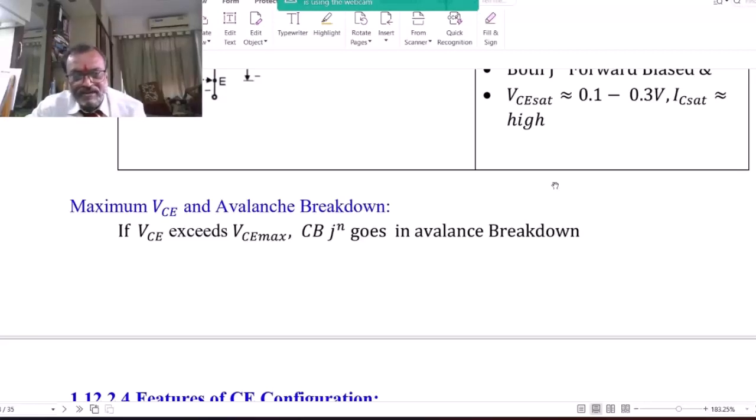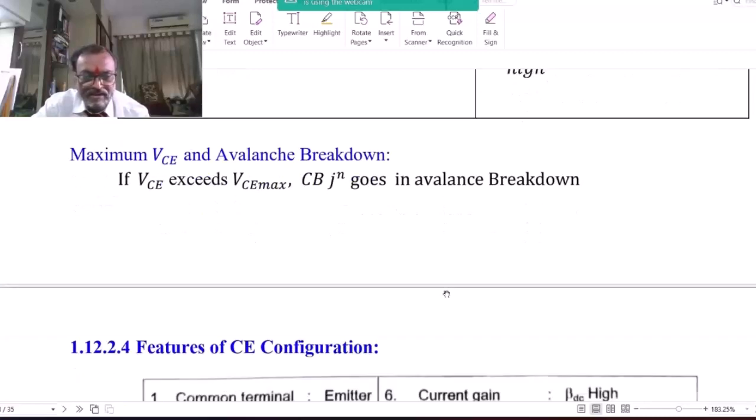When this reverse voltage is higher, the avalanche breakdown occurs, similar to the avalanche breakdown in PN junctions, and that is damaging to the BJT. Therefore the operating value of VCE should always be less than the VCE max rating of the BJT under use.